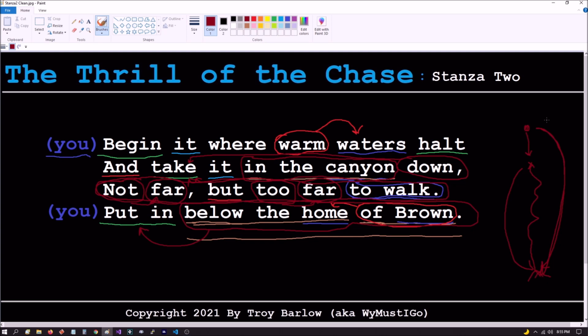Why would you drive back there and go there and figure that out when you're already here? So the fact that he discussed gas is a hint. So that's basically what not far but too far to walk means. This whole entire phrase is modifying take. And he's telling you how far to take it. Not far, okay, but too far to walk.